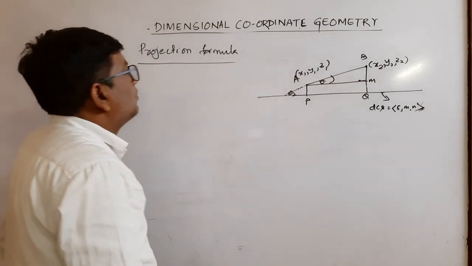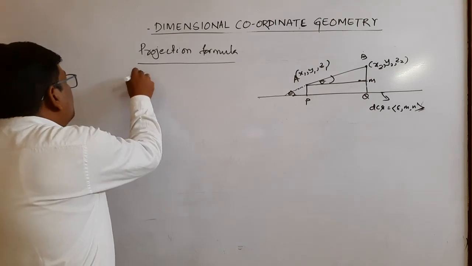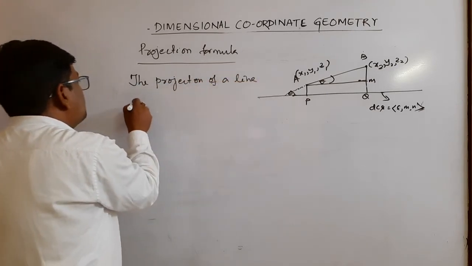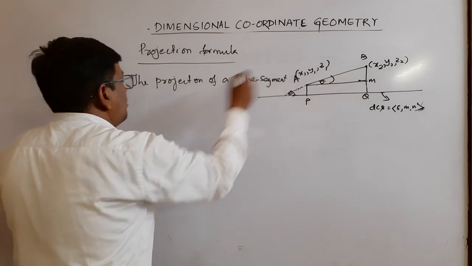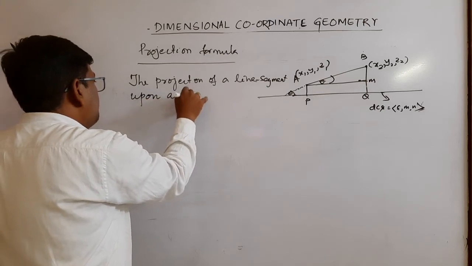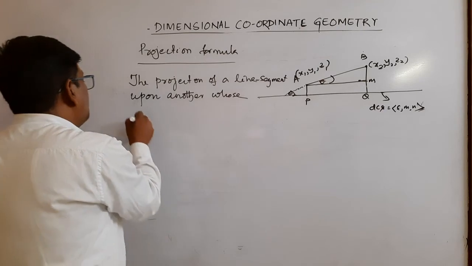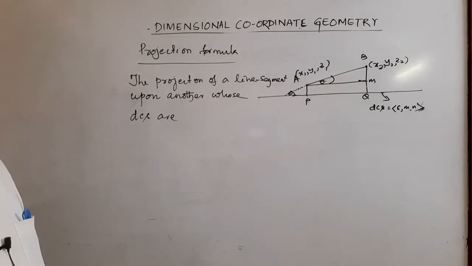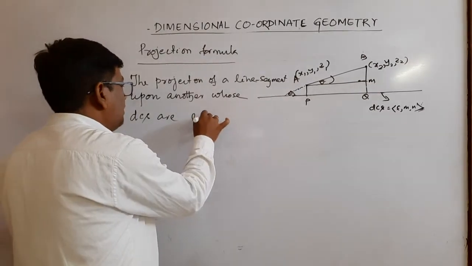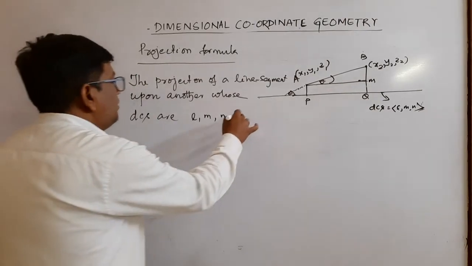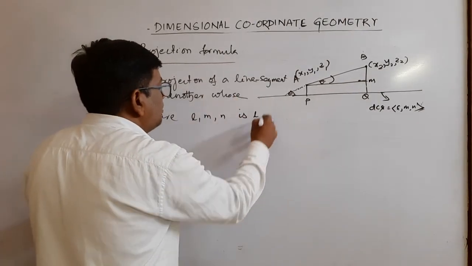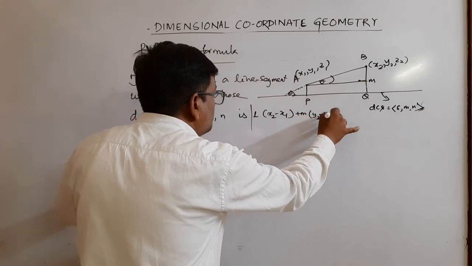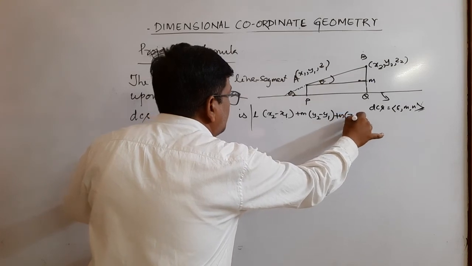Now the projection of a line segment upon another line whose DCs are l, m, n is given by mod of l into (x2 minus x1) plus m into (y2 minus y1) plus n into (z2 minus z1).